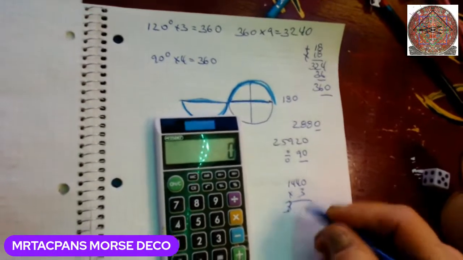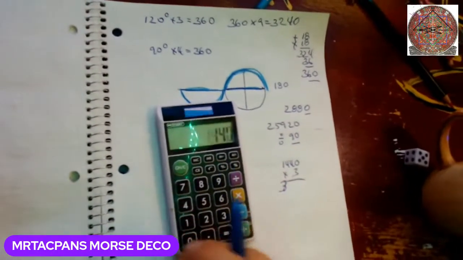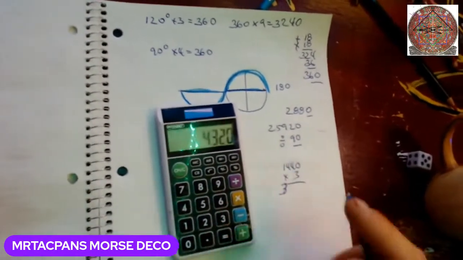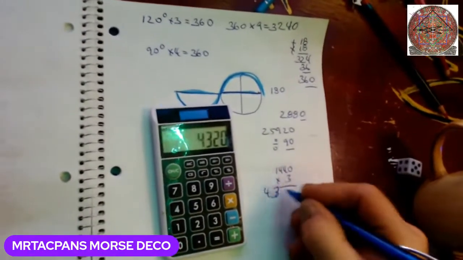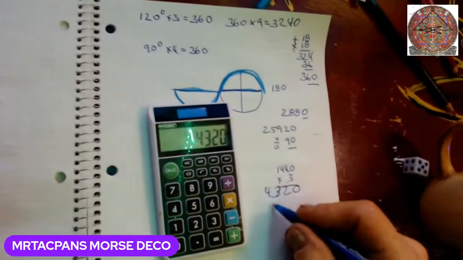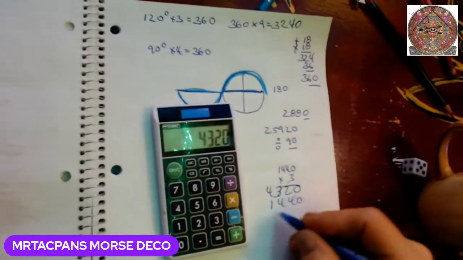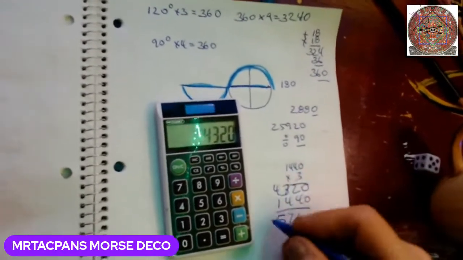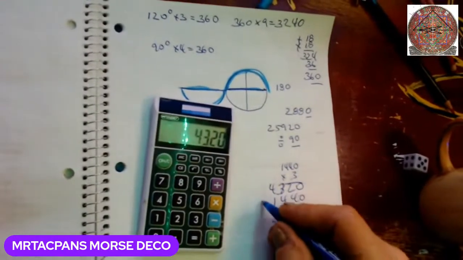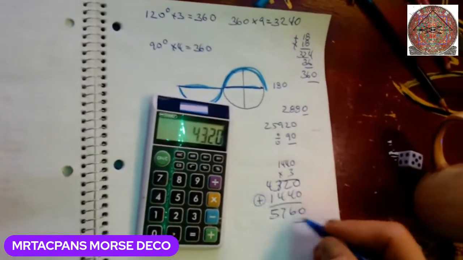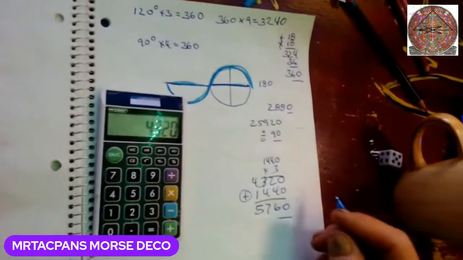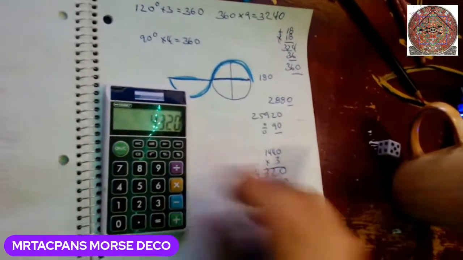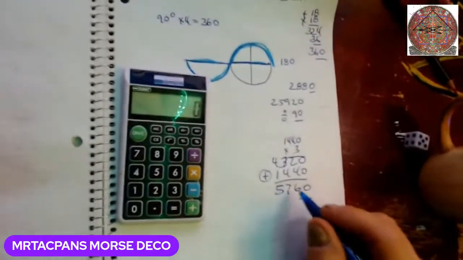Hold on, let me get that. 1440 times 3 is 4320, which is the vibration, and the fourth one of 144 will bring you into 5760. This is the third one, and here is added one more, so this is the fourth one. So 5760. So this should be an E world.